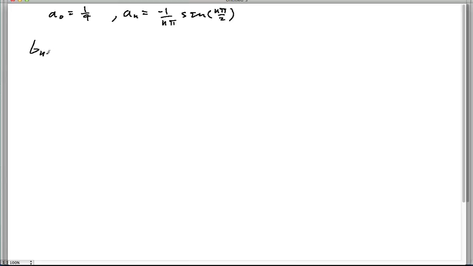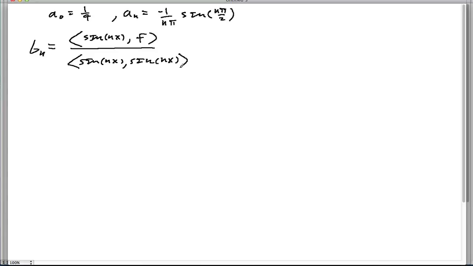So now let's do the bn's. It's going to be the inner product of sine nx with f over the inner product of sine nx with itself. That's going to be the integral again from pi over 2 to pi, because that's where our function is non-zero, of sine nx dx.